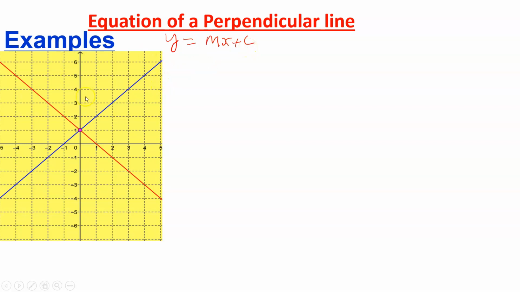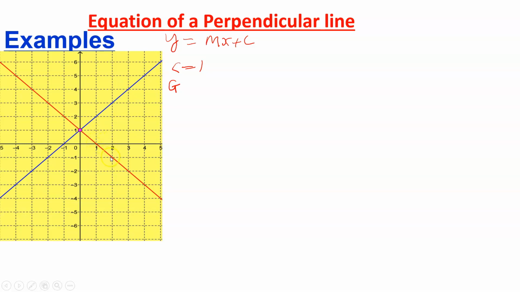So what is the intercept of this red line? The intercept, c, of that red line is just 1. And what is its gradient? To find the gradient, we need to see how many steps we take across and how many steps we take up or down. If I take 1 step across, I need to go 1 step down to find the graph again.